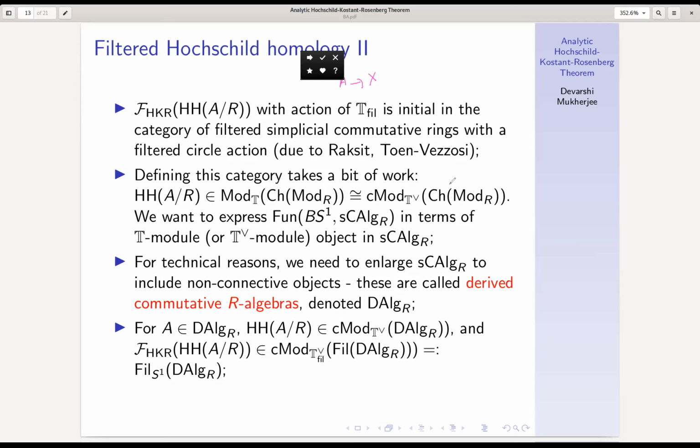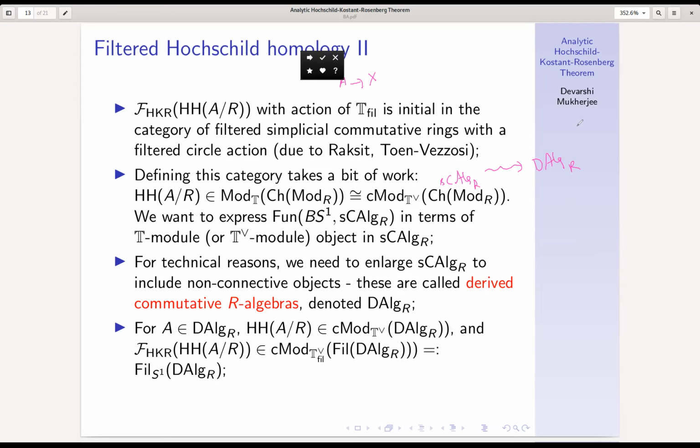So you can't do this naively. You can't just put in simplicial commutative R algebras here, because this is non-connective and this only has connective things. So you enlarge this to what are called derived commutative R algebras.